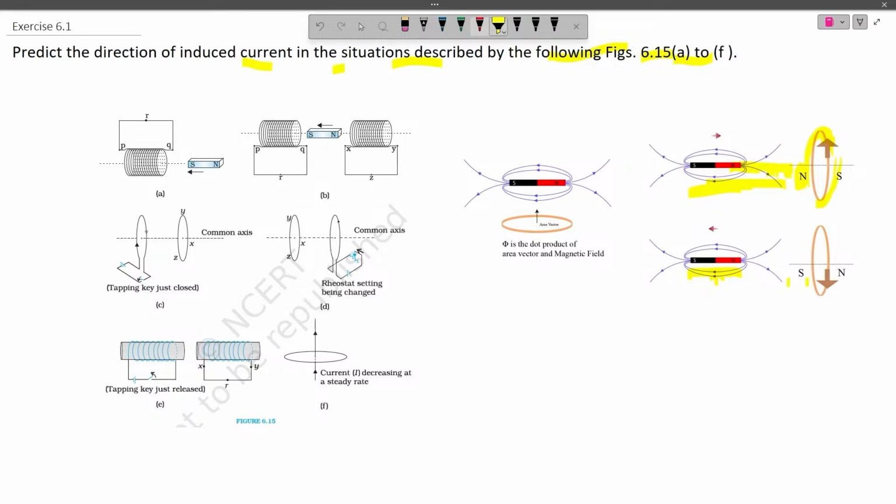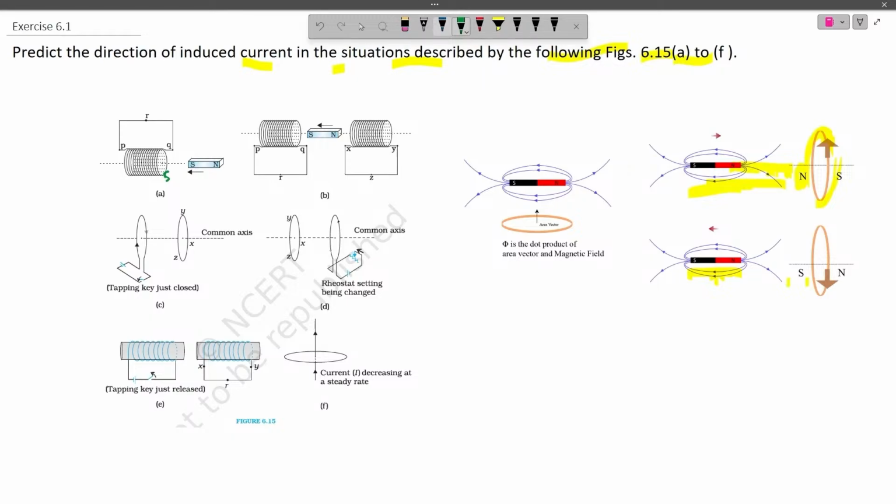In the first diagram, the south pole of the magnet is approaching the Q side of the circuit. Since the south pole is coming near, the induced current will be such that a south pole is created over here momentarily, so that the movement of the bar magnet is opposed.